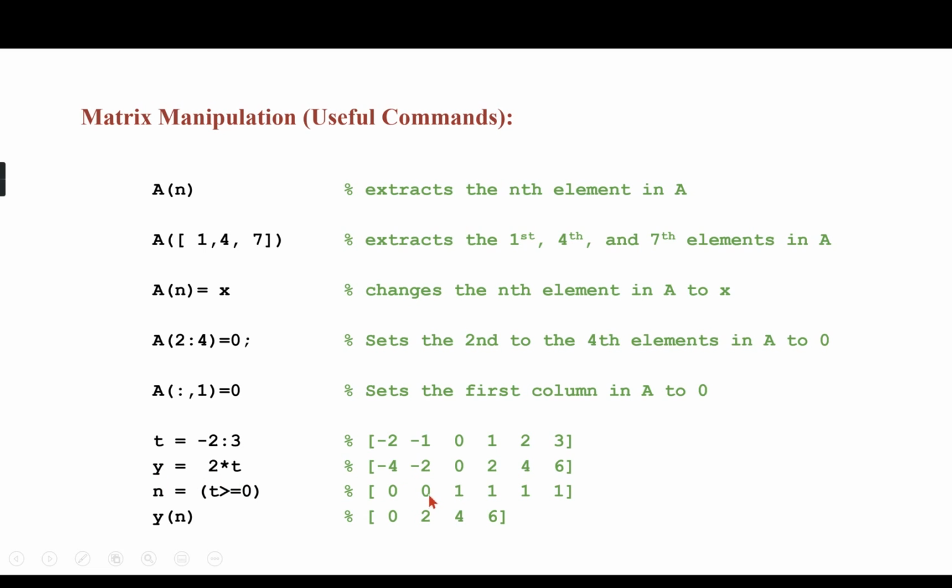So wherever n is logical 1, I will read the values from y. So I'm going to ignore -4 and -2 because n is 0 at these locations. I will only output 0 to 4 and 6 from y because now I'm using logical values instead of indices to extract elements from y. You can experiment with this in Matlab to help you further understand it.